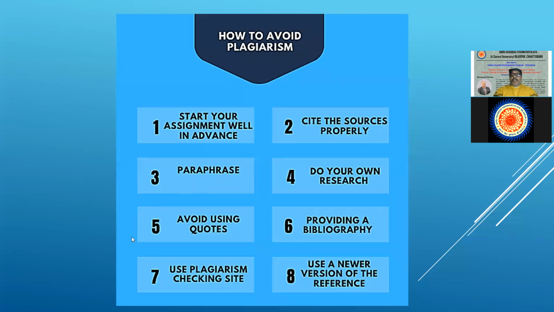But I like Turnitin, it is one of the best. I will show you a demonstration at the end of the session. And another is use a newer version of the reference, so that is also there. So in this way, if you go through the references, probably you will find many things. In this way, you can avoid plagiarism.